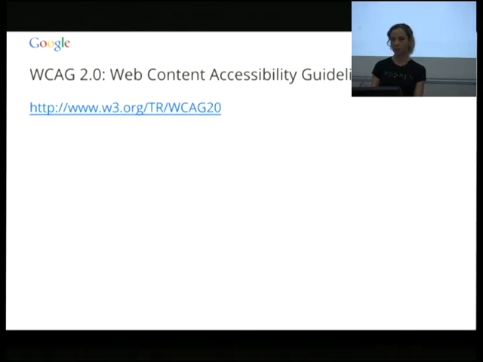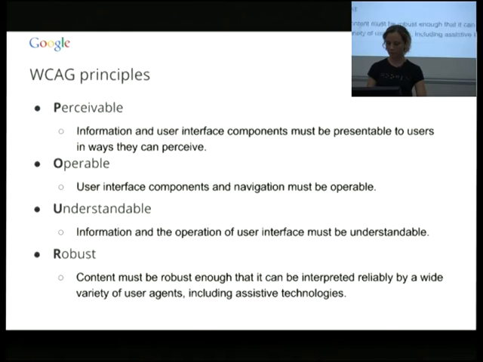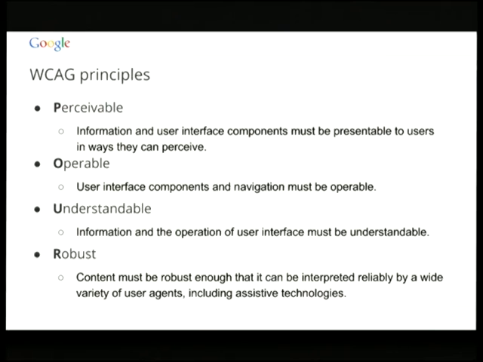And I'm going to give some examples of the language from the Web Content Accessibility Guidelines. It's worth at least skimming over so you have an idea of what the concepts are. So it's organized around 4 principles, which are perceivable, operable, understandable, and robust, or POUR, which, as my friend pointed out, is kind of an awkward acronym, but moving on.